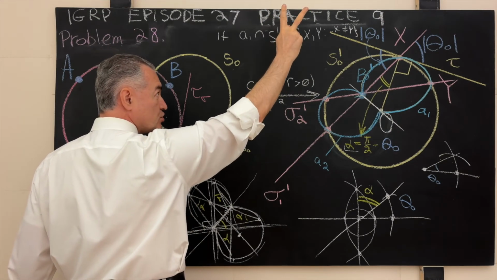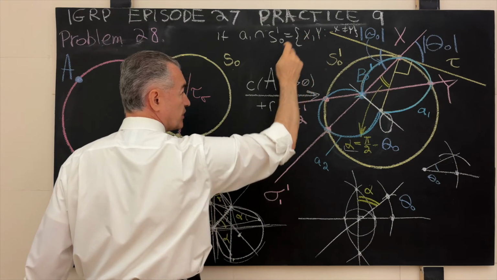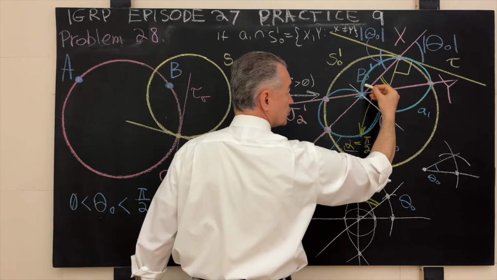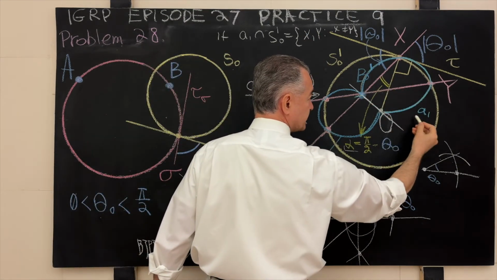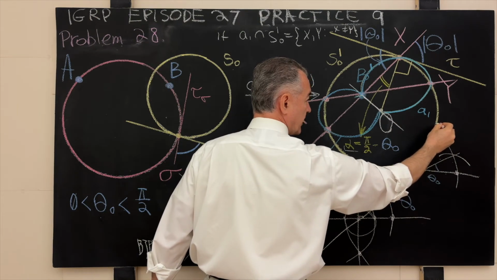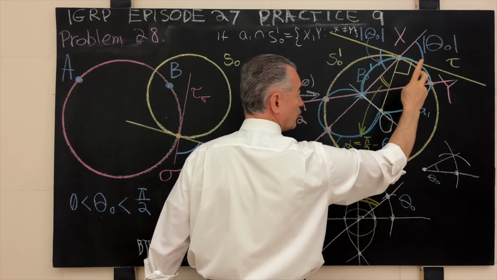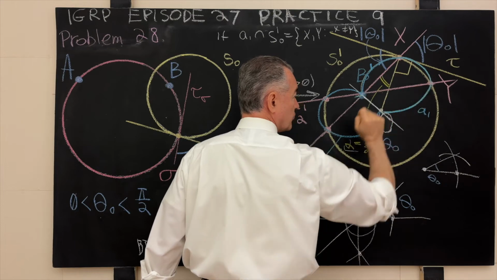Two distinct solutions, each of which corresponds to the point x and y. Let's say our circular arc A1 intersected the image circle S prime 0 at two distinct points, the point x, the point y. What do we do?